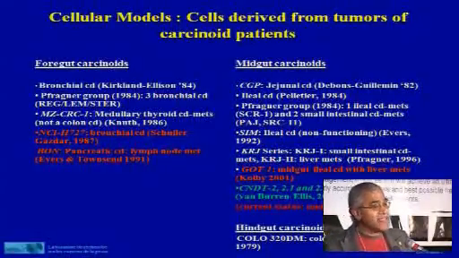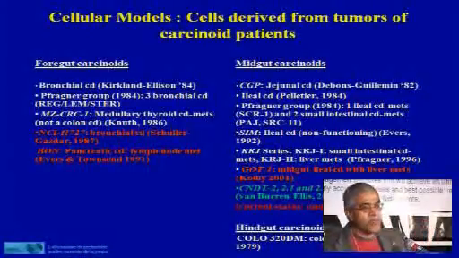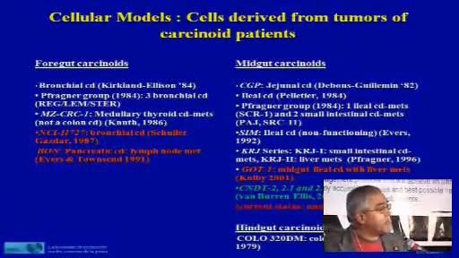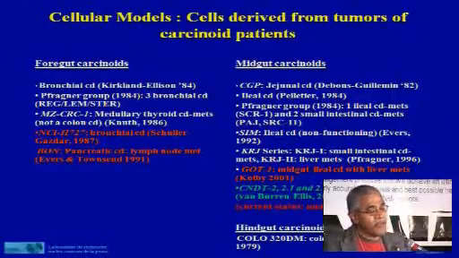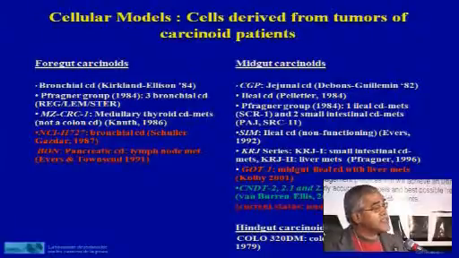So yes, it is different, it is removed from the patient, and therefore there are bound to be changes. Cells are not the original tumor that was isolated from the patient. But nonetheless, that's the closest that we can go. Advantages are there. You can use these cells and make similar looking tumors in animals.